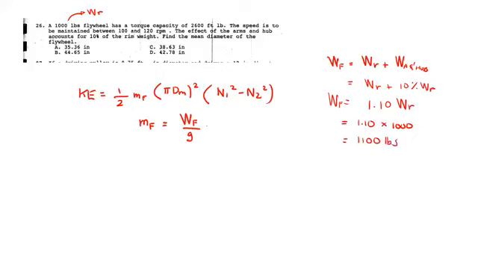Then substitute 1,100 over 32.2 as the mass of the flywheel.